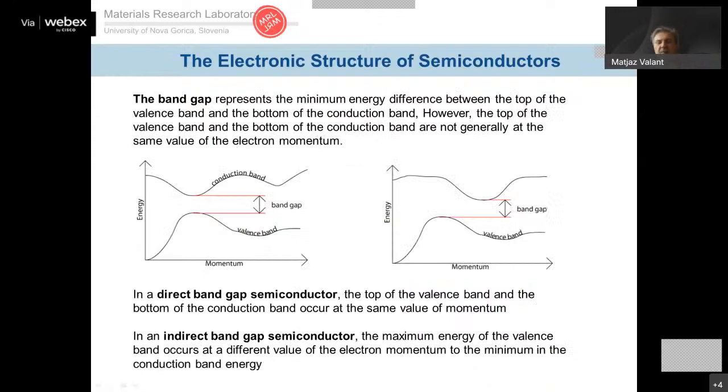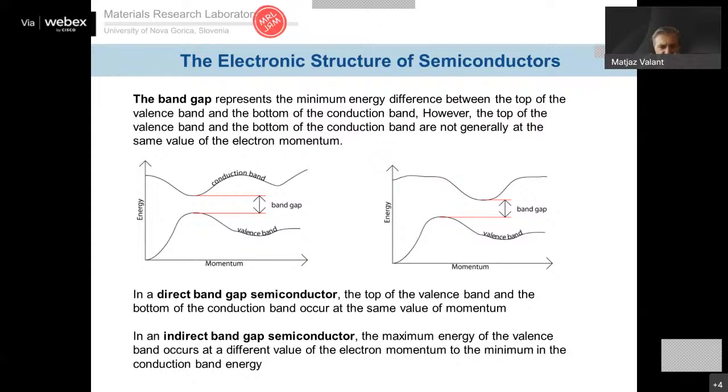And if we look at several materials, we would see two different types of band gap. First of all, we have to look for the minimum energy difference between the top of the valence band and the bottom of the conduction band from such a band structure as we have seen on the previous slide.